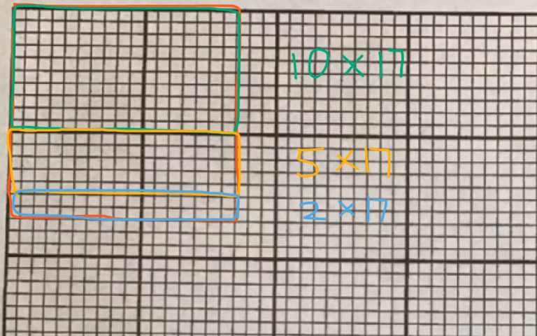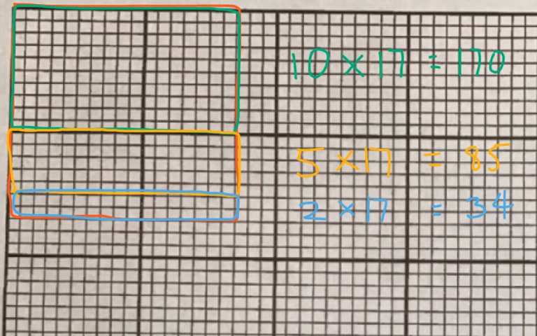And each of these I am much more confident with solving. To solve those, first a 10 times table. I'm confident that that will give me 170. 5 groups of 17 would be exactly half. So the yellow section is exactly half the size of the green section. So half of 170 is 85. And the blue section is just a double 17 would give me 34.